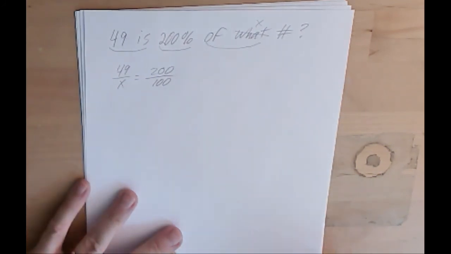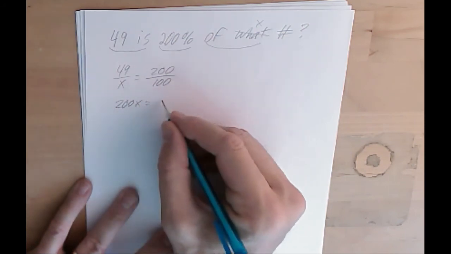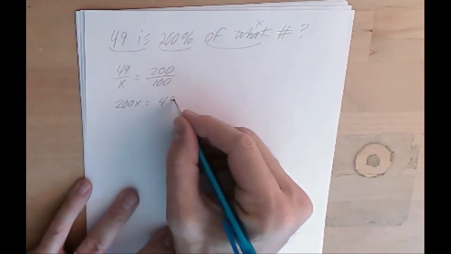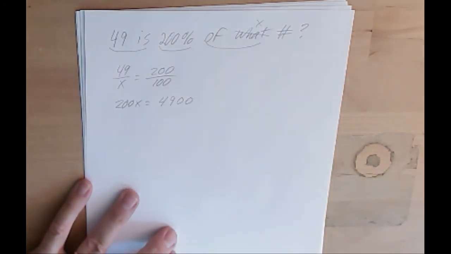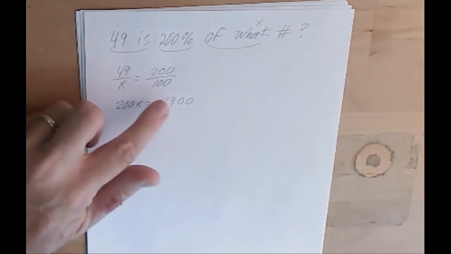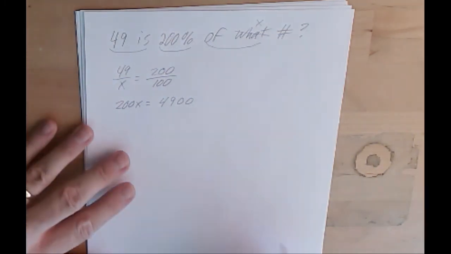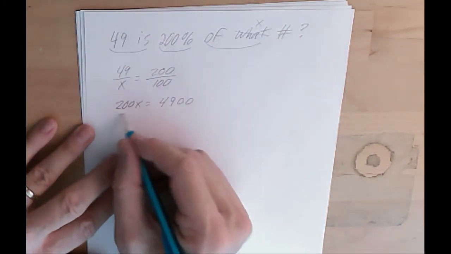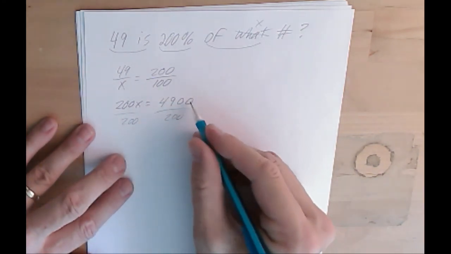It would be 200x equals 4900. Well, sure. It's easy to multiply by 100. Just tack two zeros on the end, or move the decimal two places if it's a decimal. All right. So now we divide by 200 on each side. Those zeros will cancel out.